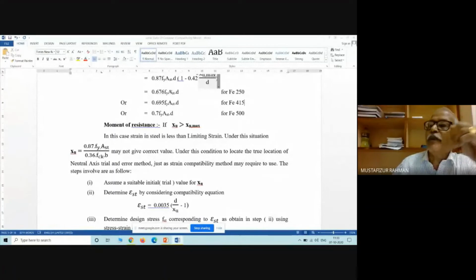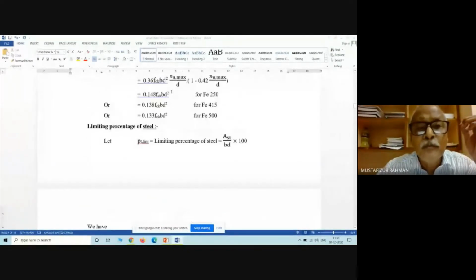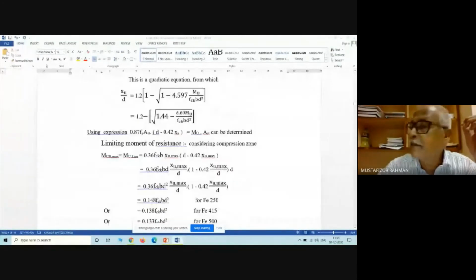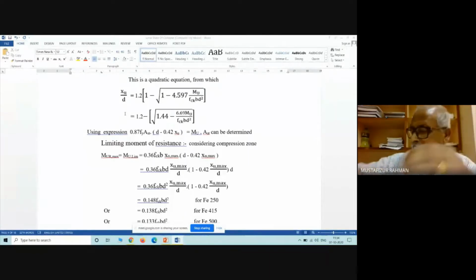of resistance. Now, what is the critical moment of resistance? Now here, XU by D, and the previous expression was XU maximum by D. So definitely XU maximum is greater than XU.